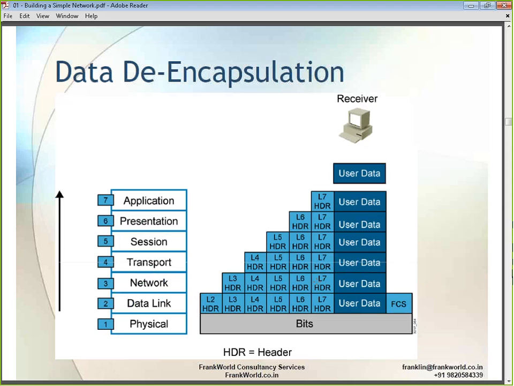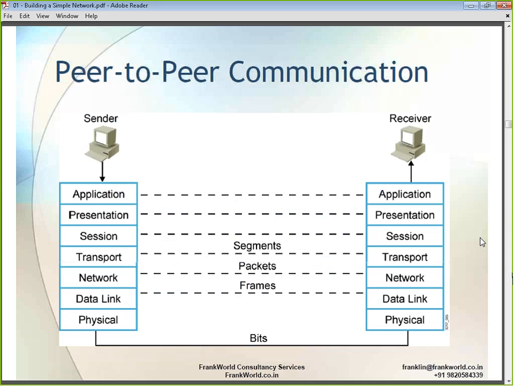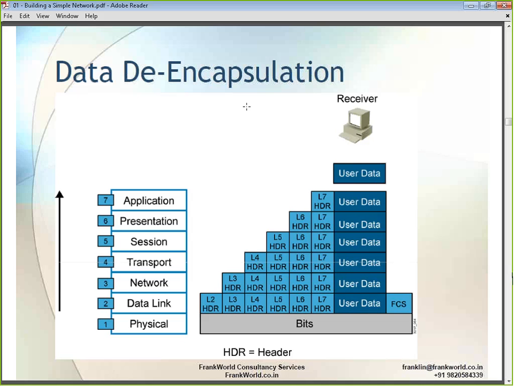Okay, so certain information about that data is stored in the individual headers, and those individual headers are processed individually at the individual layers, and then ultimately you get back the original user data. Okay, so this process is called data de-encapsulation. Okay, so understood. So when I'm sending data, data is encapsulated, wherein header values are added.